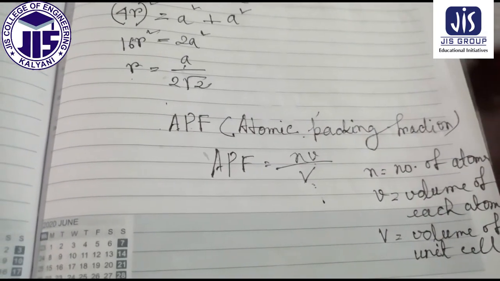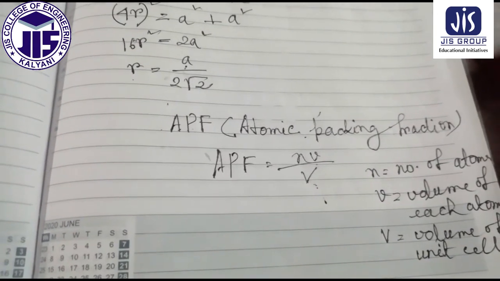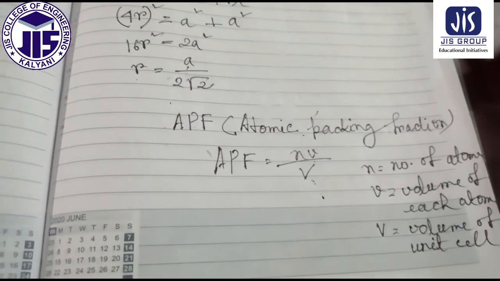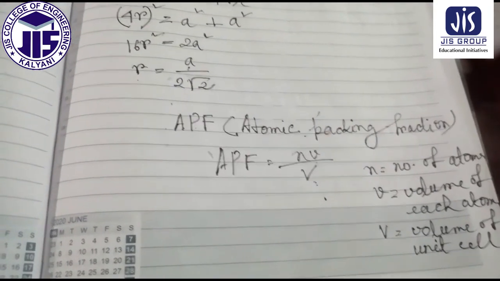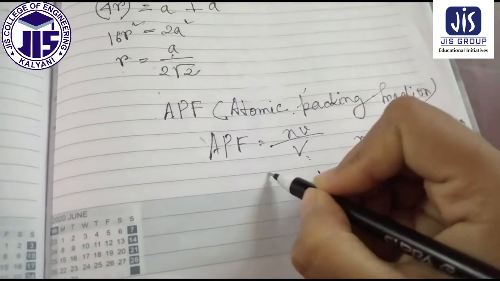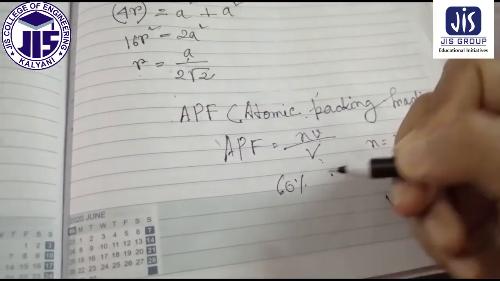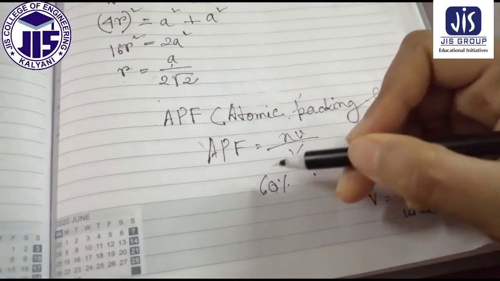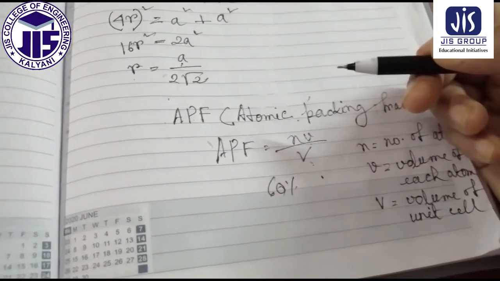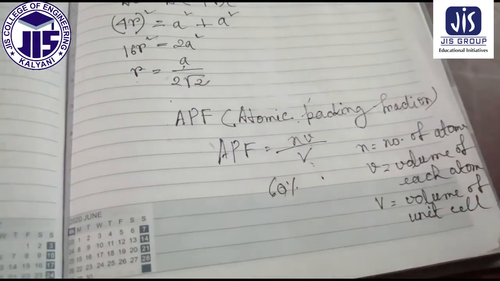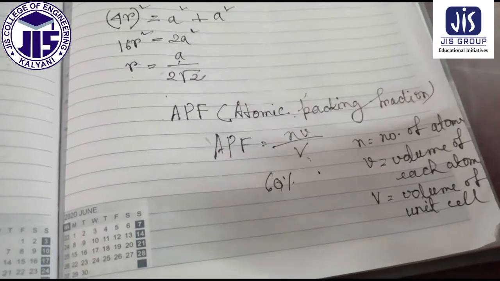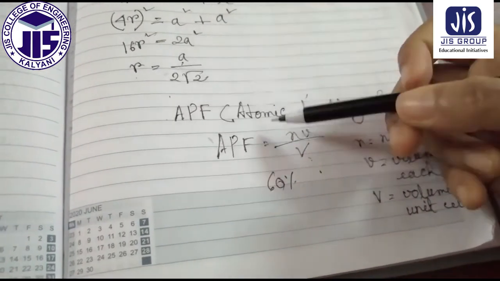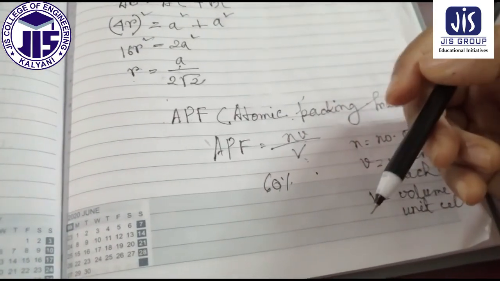Suppose for any unit cell we are getting the atomic packing fraction value 60%. That means in that case 60% volume is occupied by the atoms. That means what will be the remaining empty space? That is 40%. So this we can say by the atomic packing fraction calculation.